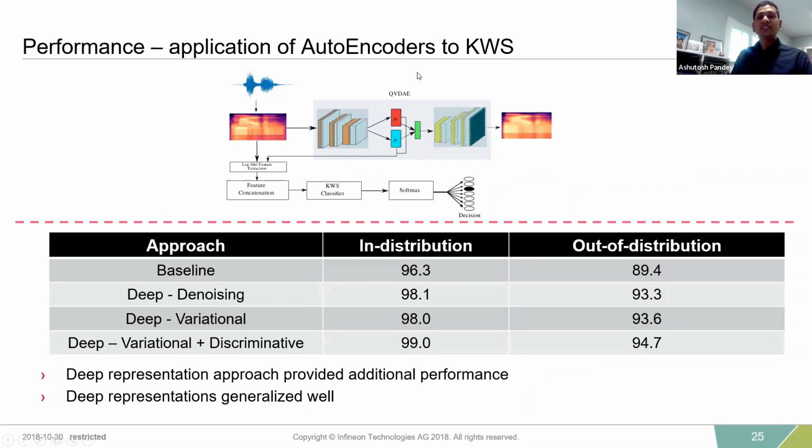The first one is the application to keyword spotting. For those who are familiar with this, the problem is that you take these signatures and try to classify them into one of the classes. Eventually you have some pre-processing and you classify into one of the sounds.